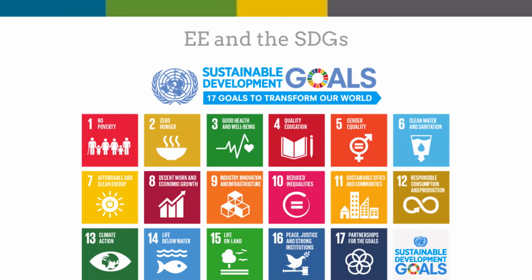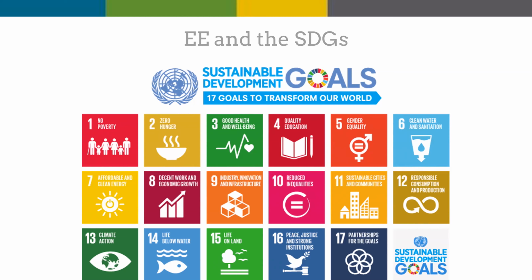So when we talk about environmental education, we're also talking about social equity, economic viability, and obviously the environmental piece, the triple bottom line. What does a sustainable world look like? So environmental education has a role to play in the sustainable development goals. So these are the 17 goals that have been adopted by many countries around the world.